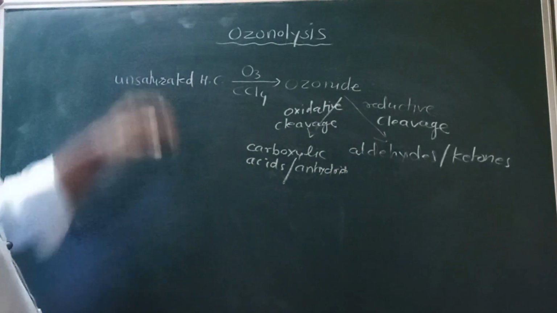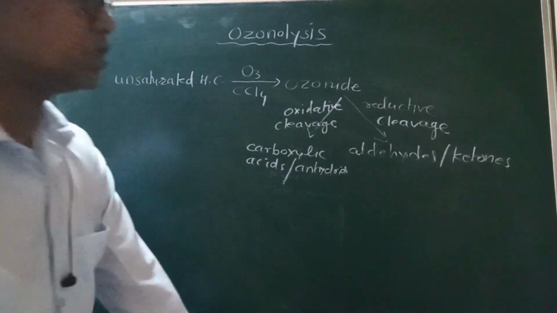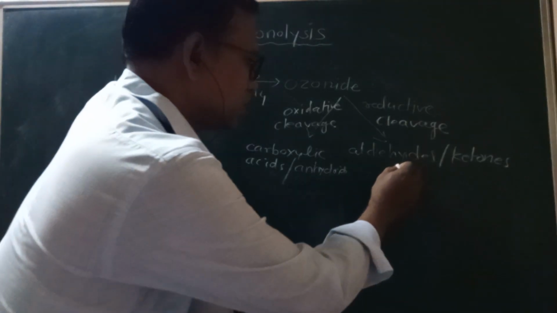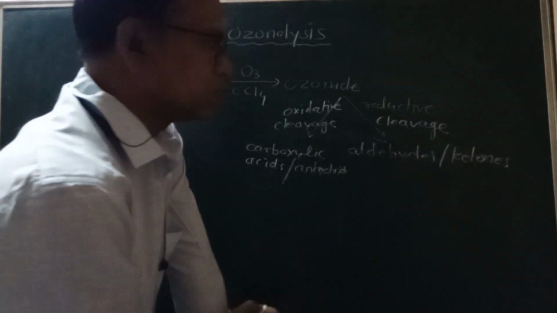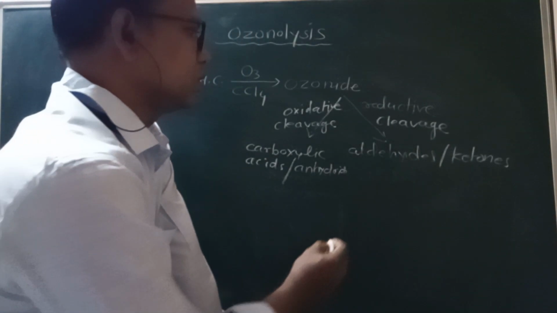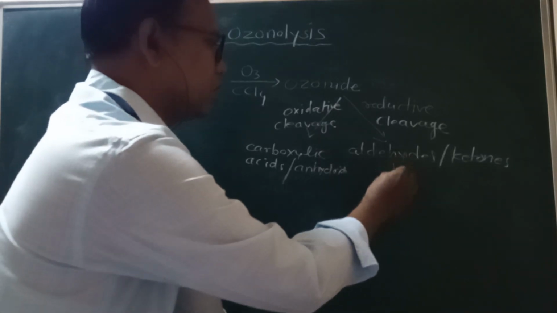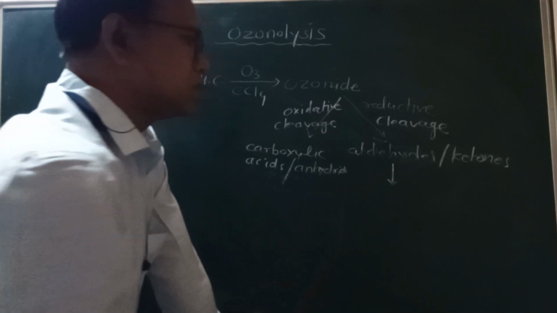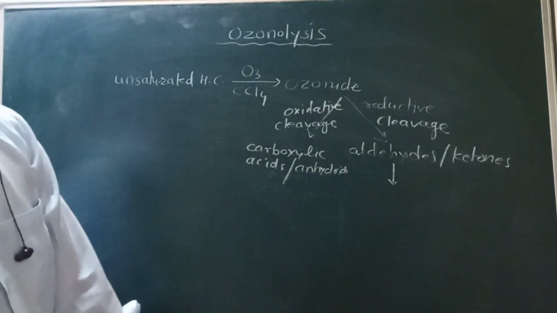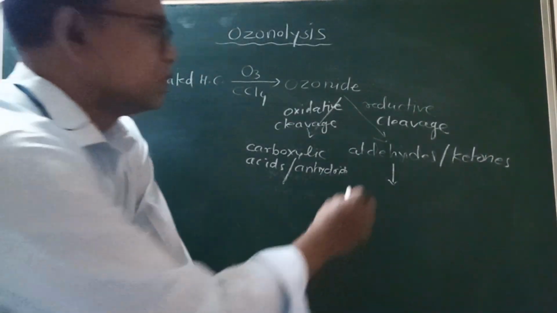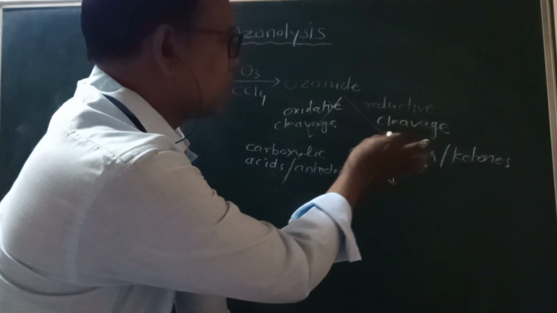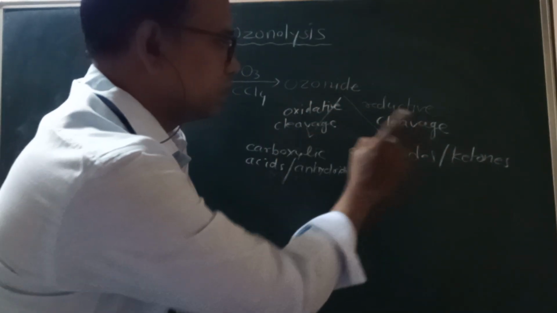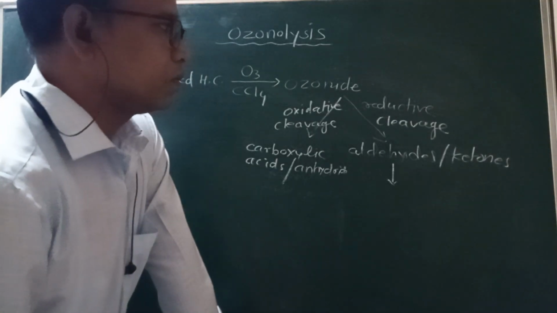Now, reductive cleavage not only leads to aldehydes or ketones. We know that ketones are stable towards oxidation, but aldehydes get readily oxidized, and similarly aldehydes get readily reduced to the corresponding primary or secondary alcohol. If you use a mild reducing agent for cleavage of this ozonide, it results in either aldehyde or ketone.